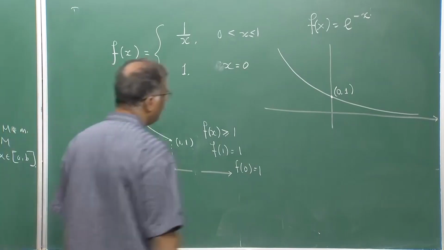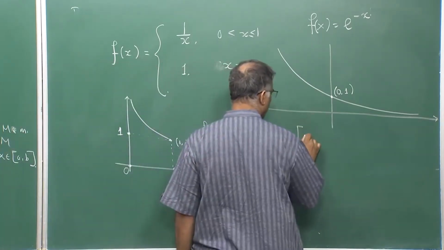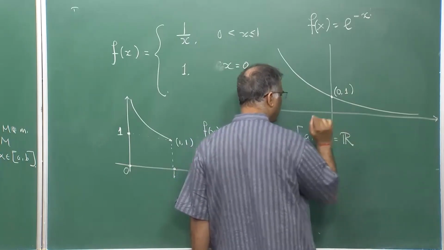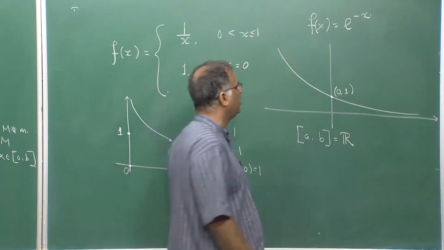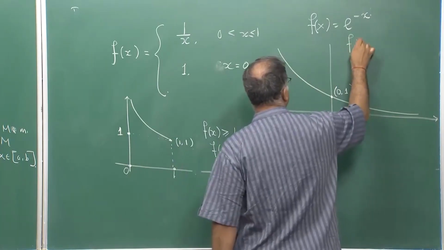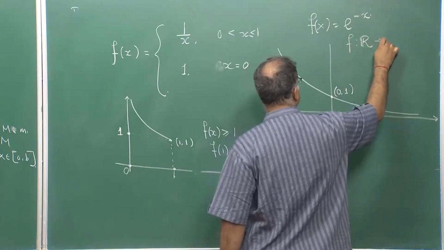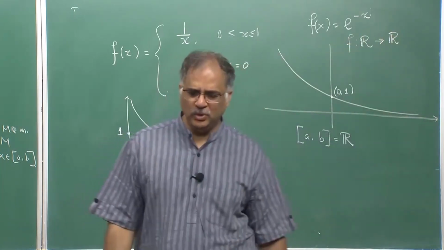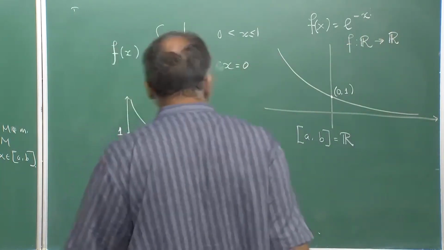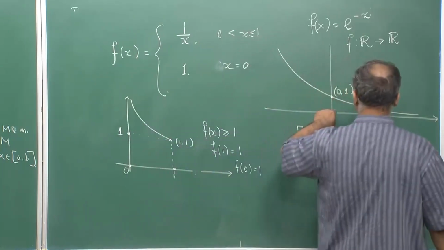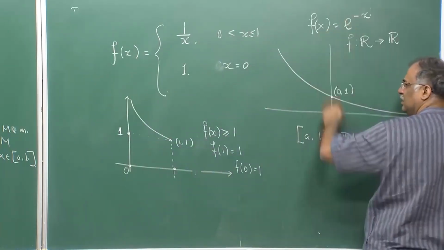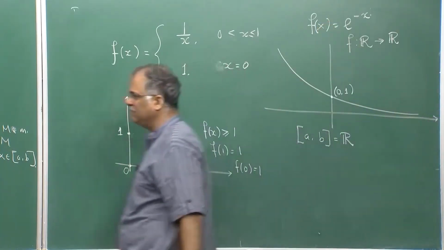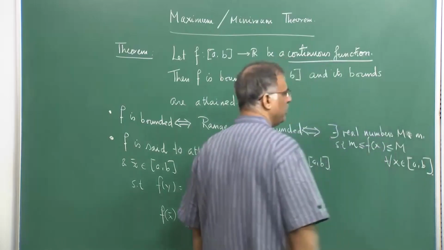Now, I am looking at the function here, my AB is now the whole of R. I am trying to find whether this function, defined from R to R, is bounded or not. Look at the fact, the range of the function is actually R plus, the non-negative real line, non-negative values of y, and the non-negative real line is never ever bounded.